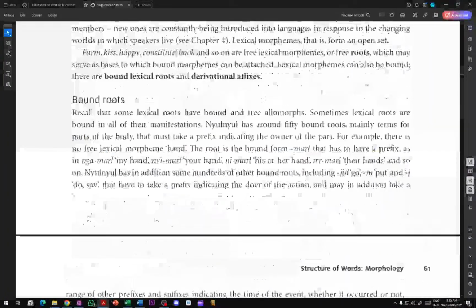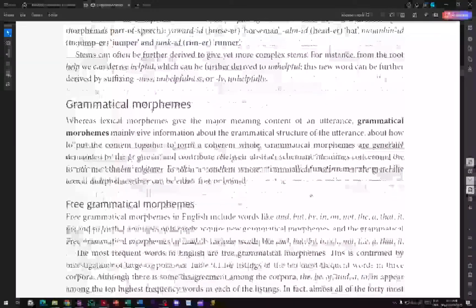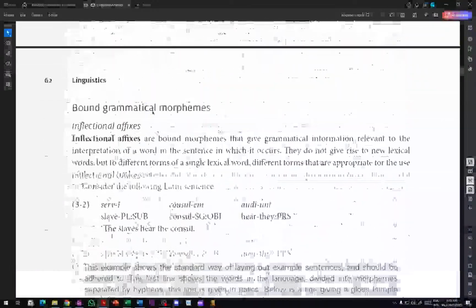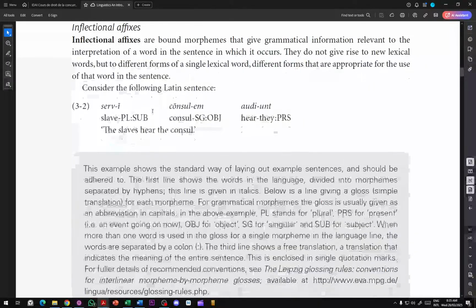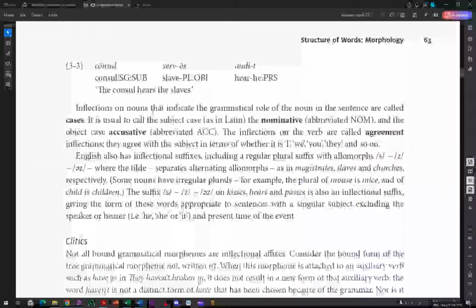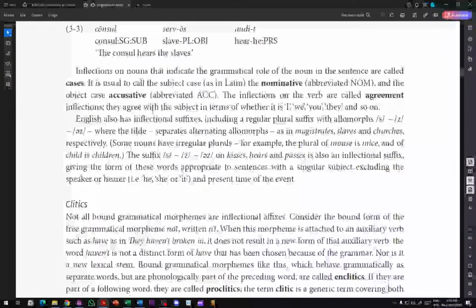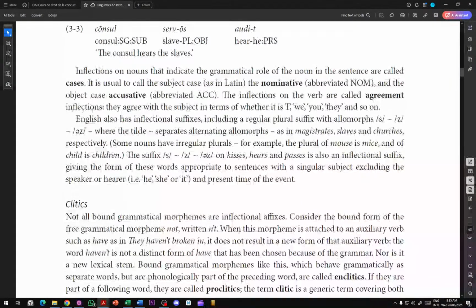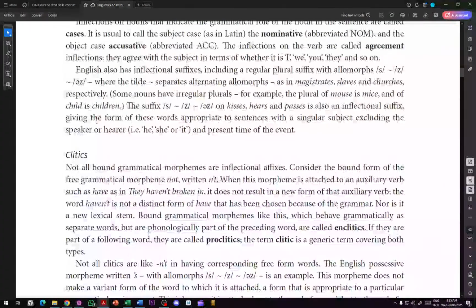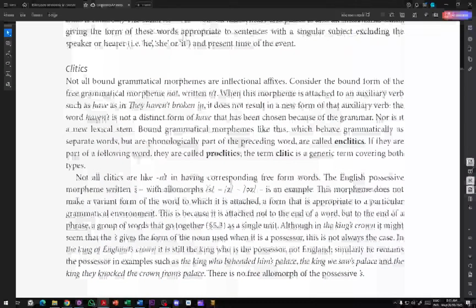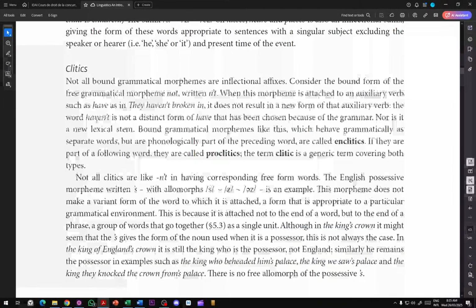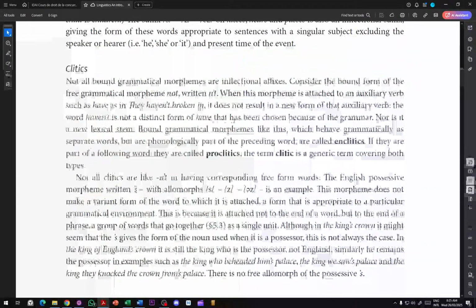We've got bound roots, like the hand thing and body part thing, free grammatical morphemes and inflectional suffixes. I forgot about the cases thing. Okay. I guess clitics is abbreviations, right?